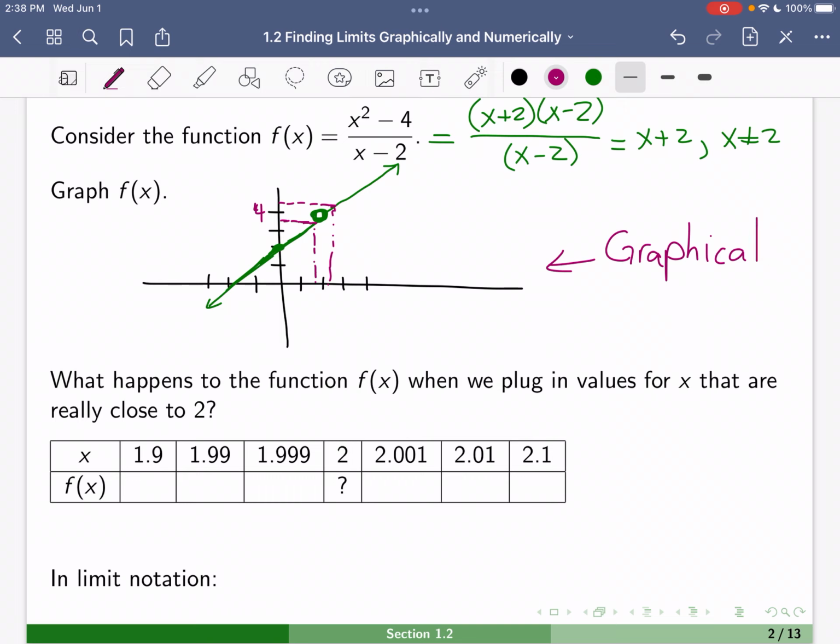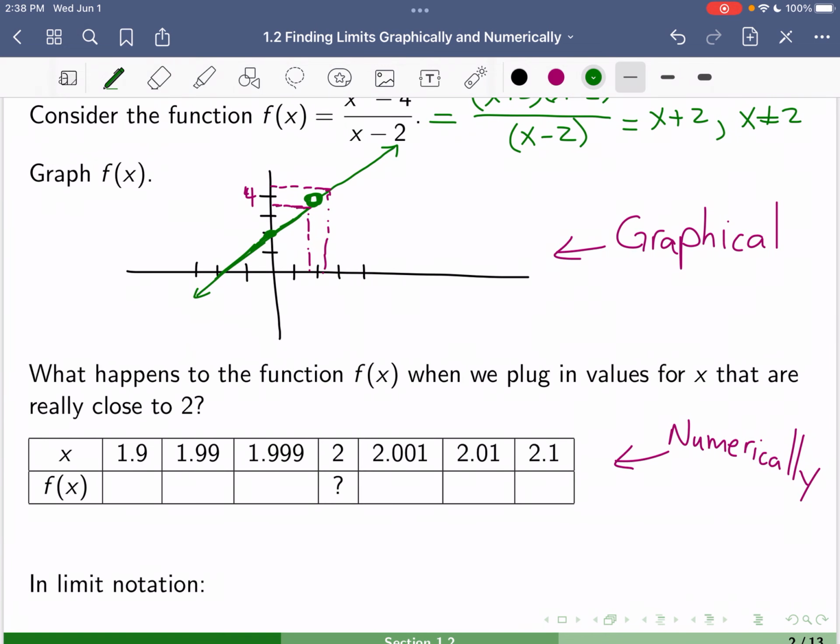Another way we could go about doing that is numerically, and that's what we're going to do here. If we go about finding this numerically, then we are thinking about what happens as we plug in values for x that are really close to 2. So we get values of x that are closer and closer to 2. What happens? Let's start with values of x that are a little bit smaller than 2.